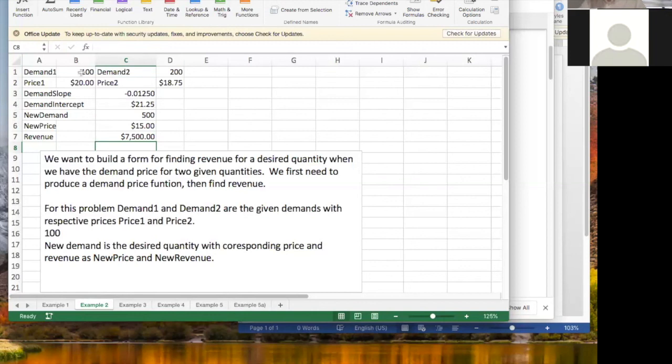One of the things that's done in the book is I have gone and named these cells. Notice up here, the name for the cell comes up.